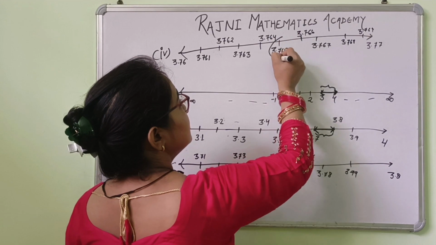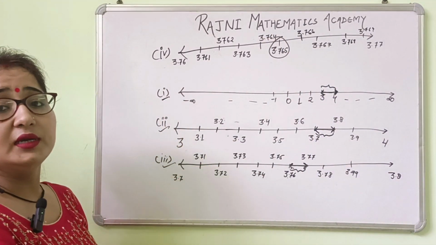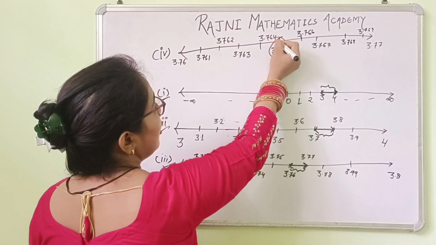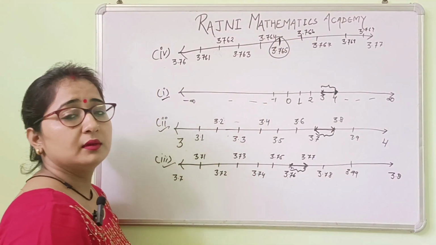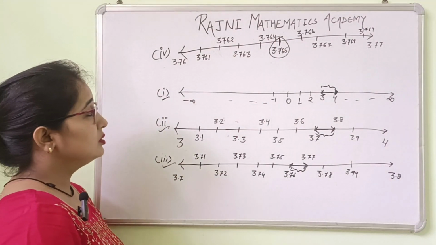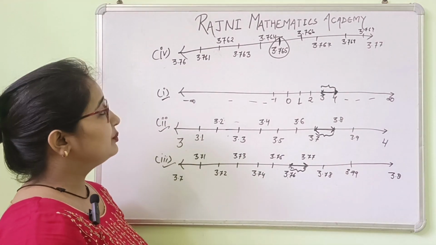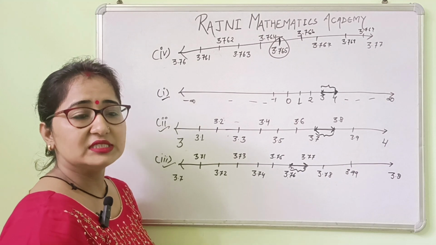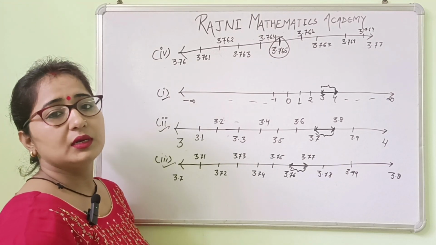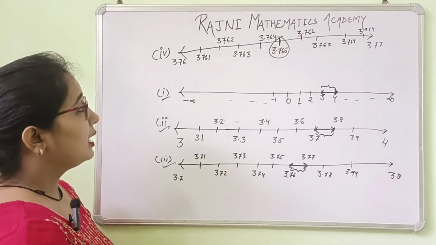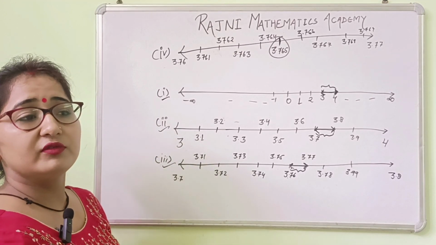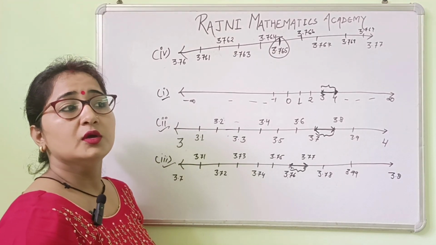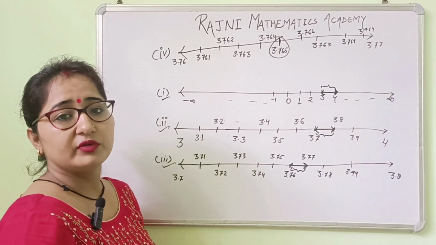So the point is this: 3.765, this is the real number on the number line. So that's how I have represented the given number 3.765 on number line. I hope it is clear to everyone. If there is any doubt, you can ask any number of times.